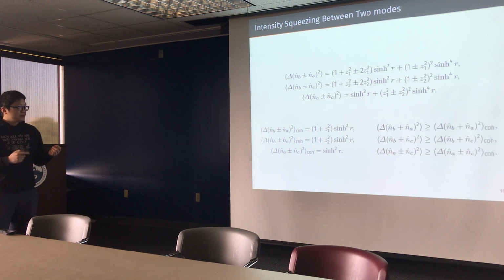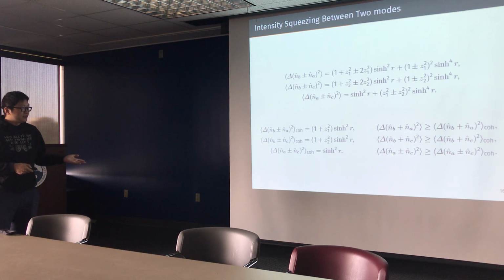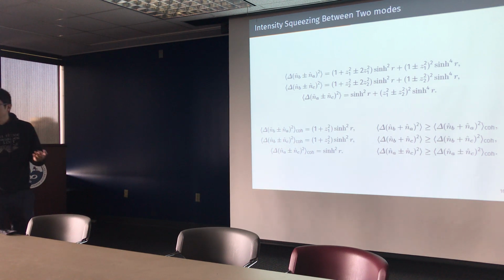So here we can see that for these 4 operators, the variance is always greater than the standard noise limit, so they can never be squeezed. What's interesting is that there is never squeezing between mode A and mode C, which at first we thought was a little bit weird.